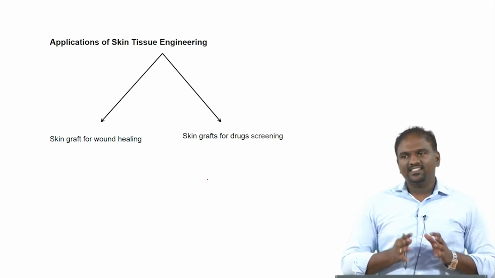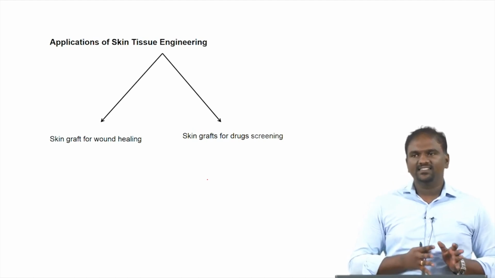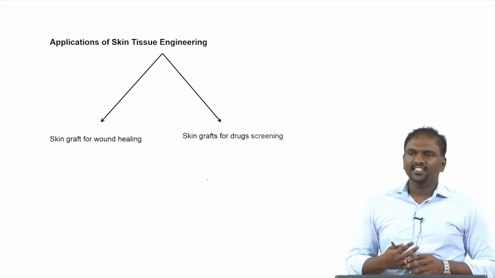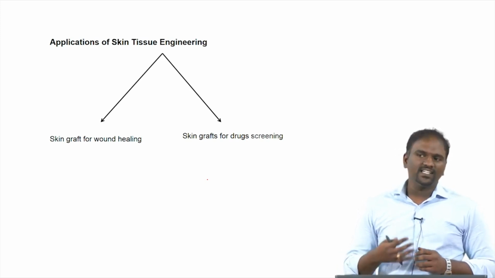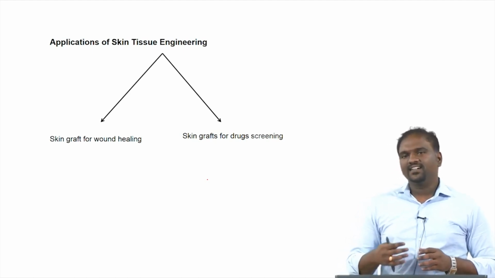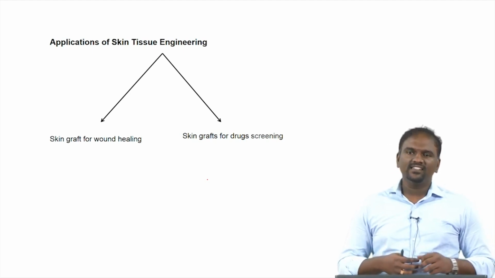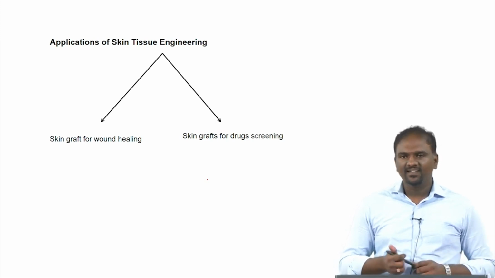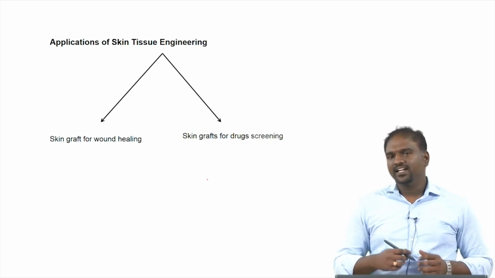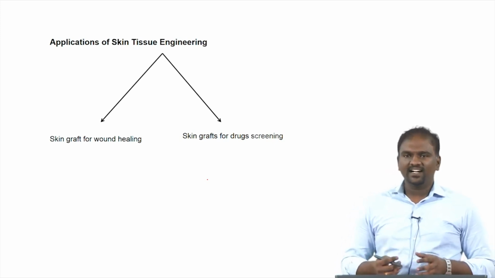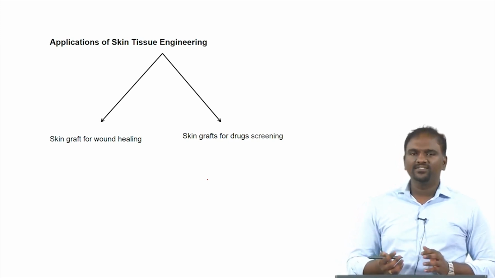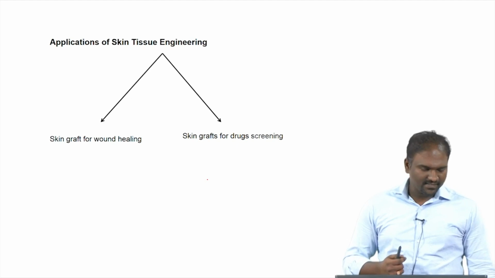Another application is cosmetics related. We are developing so many drugs and molecules, and for screening those drug molecules we use so many animals and humans. That involves ethical considerations and many problems. If we are able to develop a skin graft equivalent to normal skin, that skin graft itself can be used for drug screening applications.